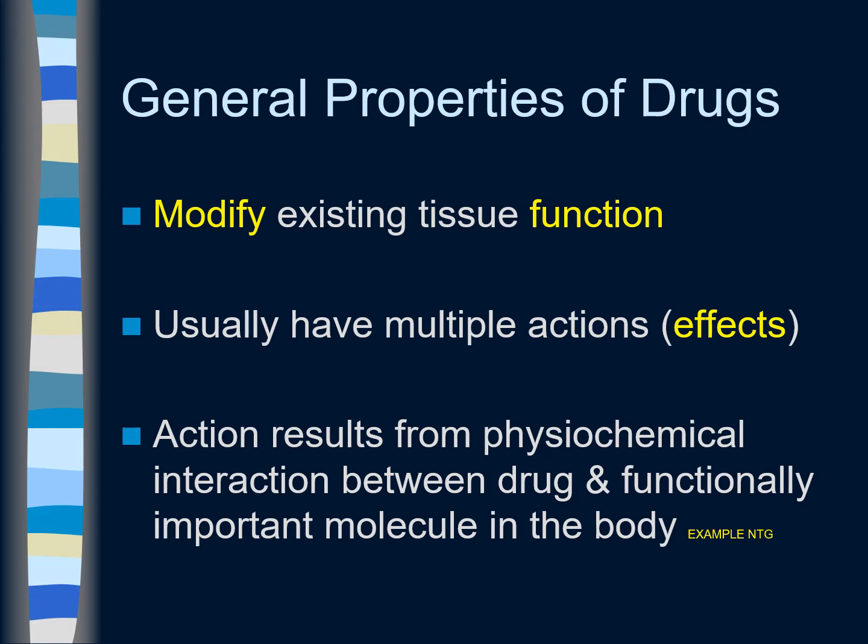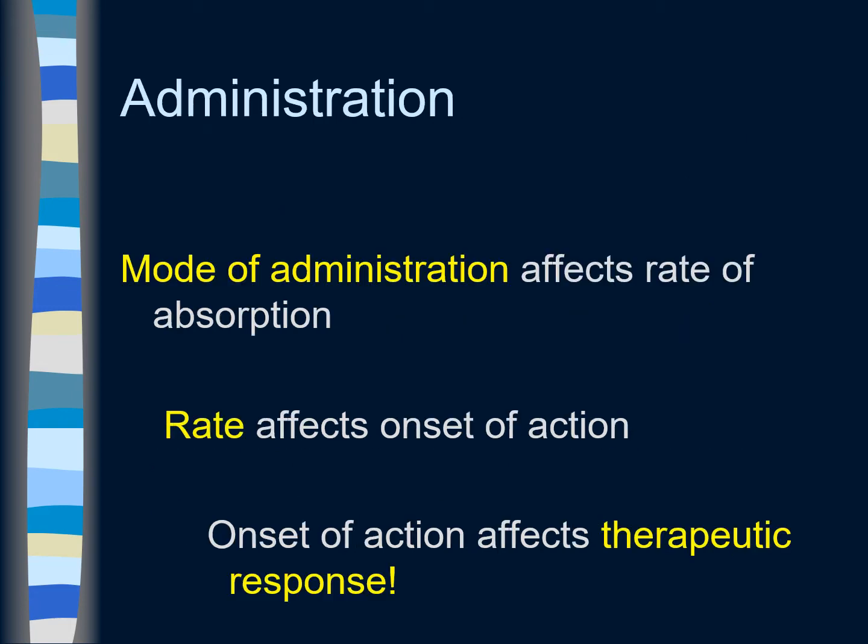I listed nitroglycerin as an example here, and if you recall from EMT class, nitroglycerin is an indiscriminate vasodilator. That means that without regard for the location of the vessel, it dilates blood vessels to try to improve blood flow. So that's how it modifies that tissue function.